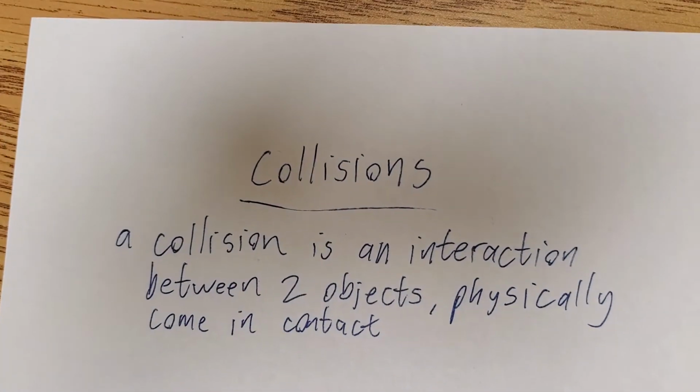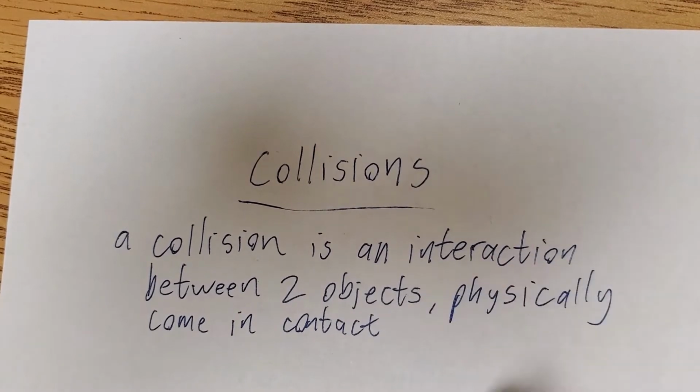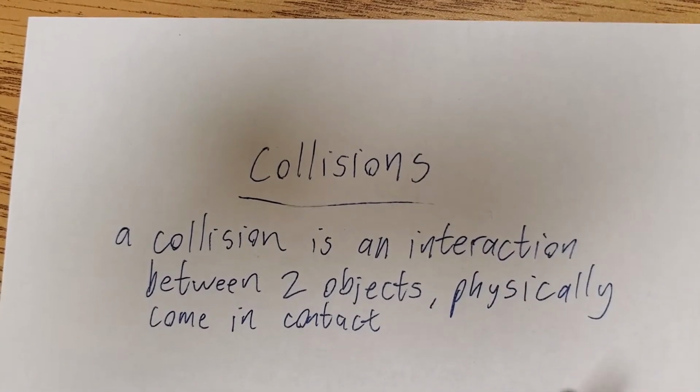Okay, so a collision is an interaction between two objects physically coming in contact with each other, right? It's kind of what we expect.